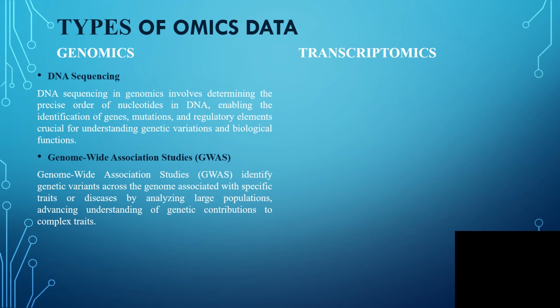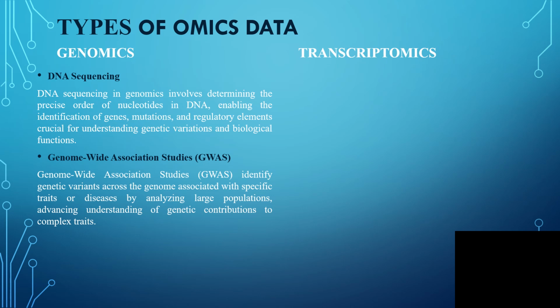Genome-wide association studies analyze genetic differences across large populations. A real-world example is the identification of genetic risk factors for type 2 diabetes using GWAS, leading to the discovery of the TCF7L2 gene, which plays a key role in the disease.